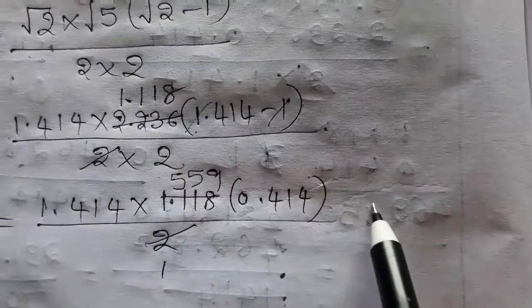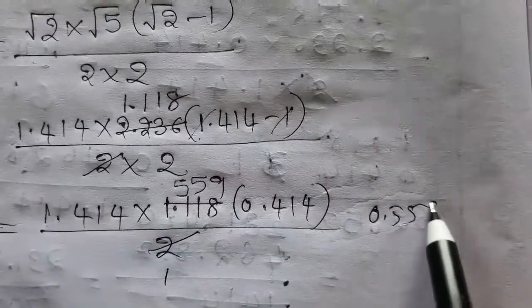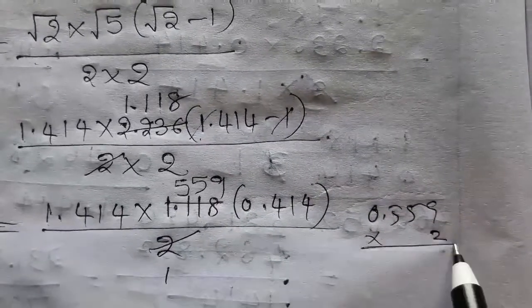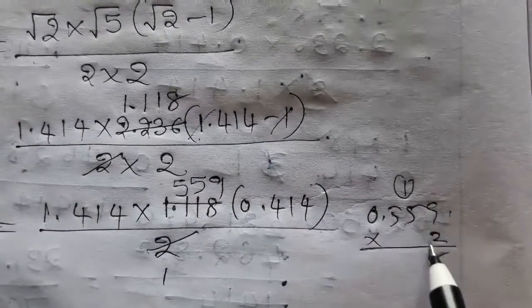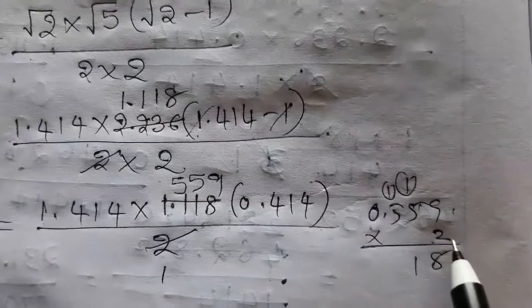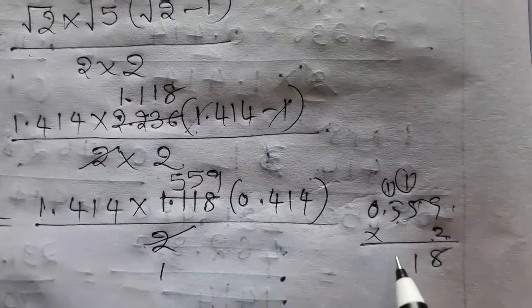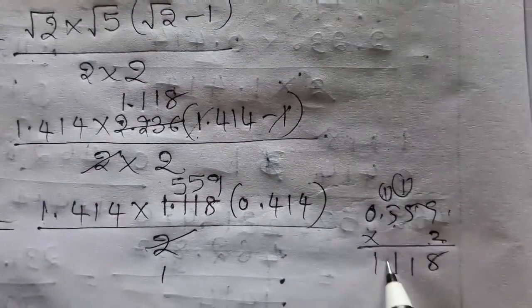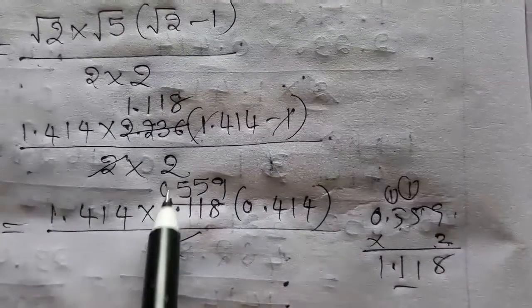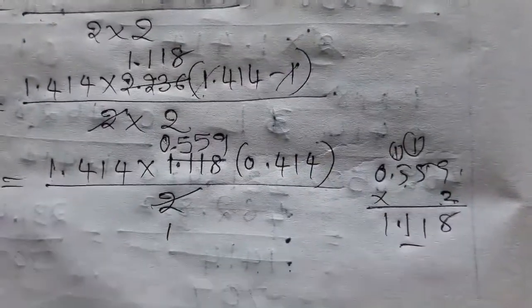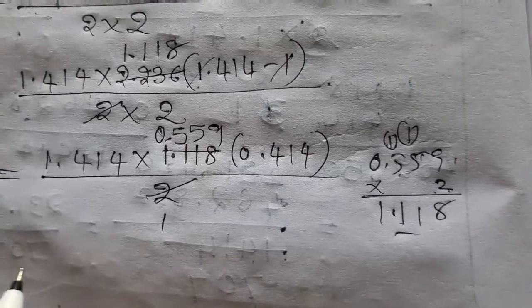So 0.559 into 2, 2 9s are 18, 1, 2 5s are 10, 11, 1, so 0.559.